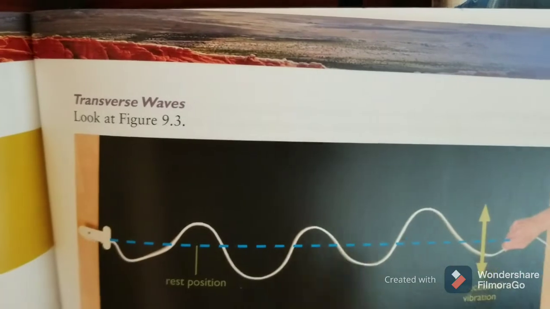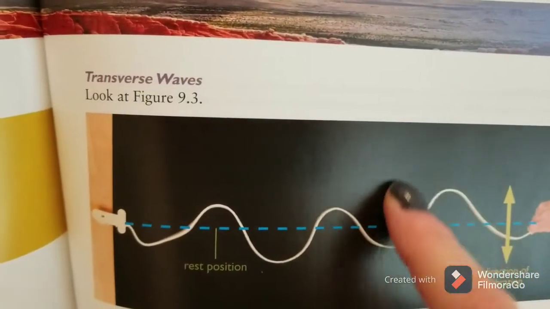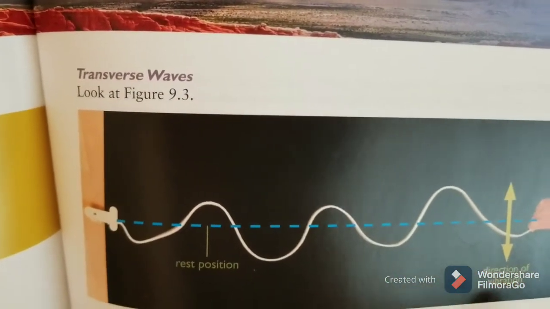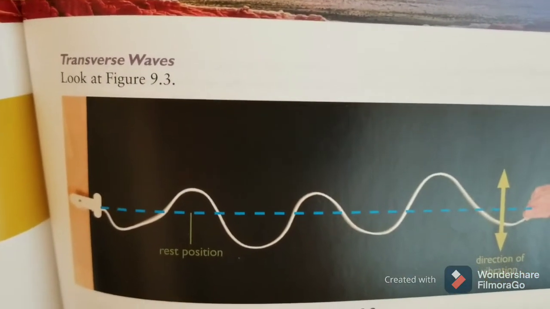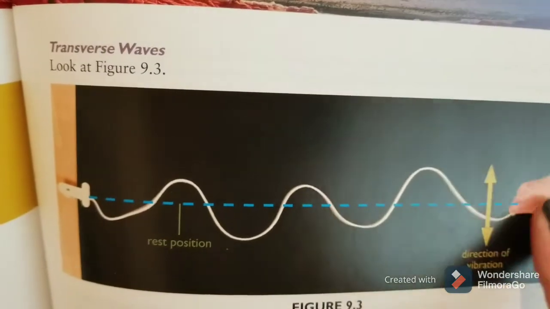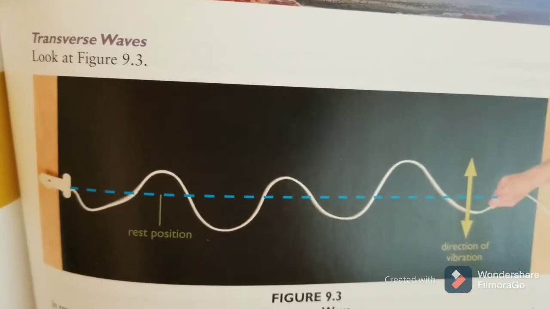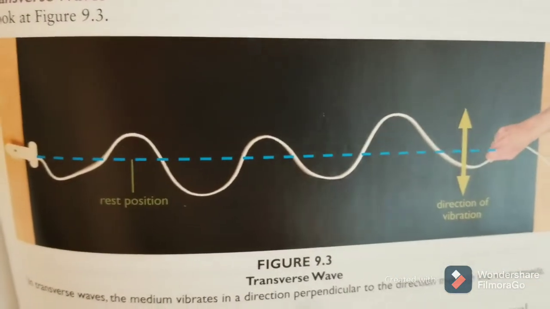It's actually kind of traveling this way. You can see it would kind of follow along that, even though it's being shook this way. Okay, so transverse gets vibrated one way, and then the wave travels the other way.